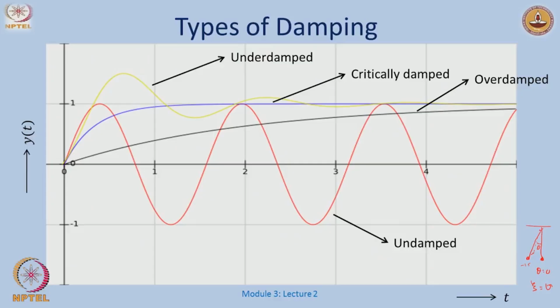There could be cases where the pendulum goes from 15 to maybe 14.9 on the other side, comes back, and keeps on oscillating, going back and forth until it reaches this point. These are called underdamped systems, when zeta is less than 1. There could be a situation where I start from theta equal to 15, and I just slowly settle here.